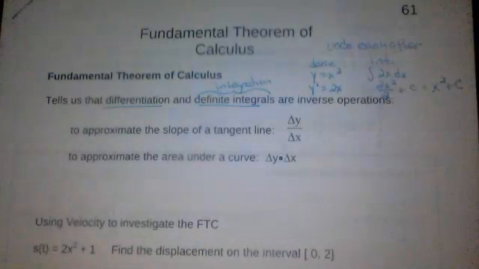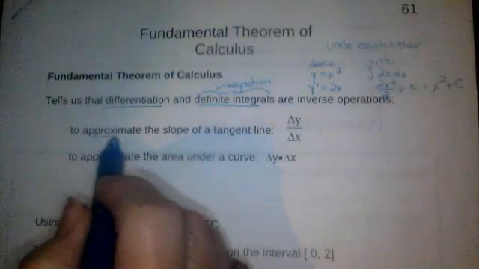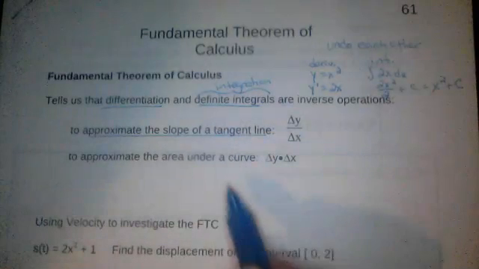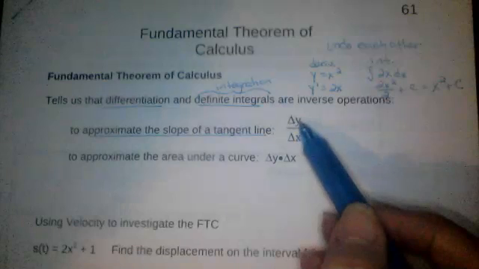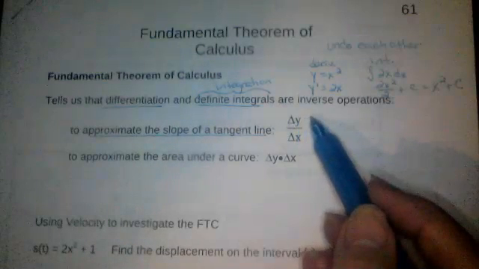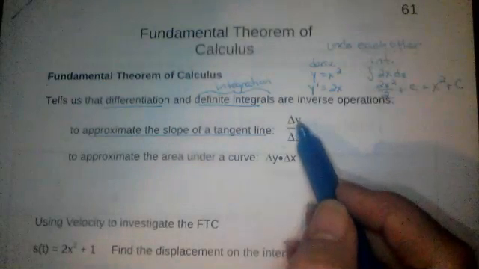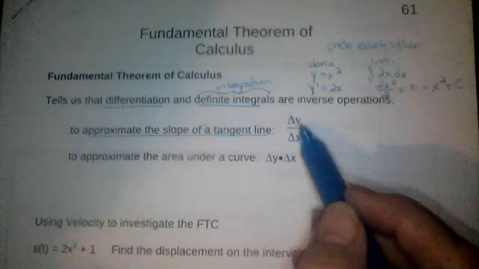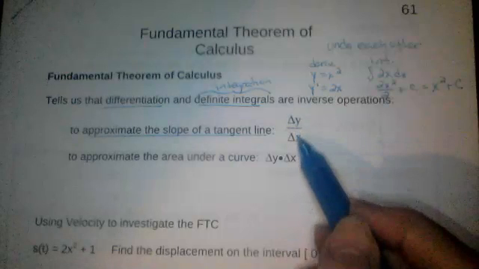All right, so in terms of what we're looking at on a graph, we know that to approximate the slope of the tangent line, we did the change in y over change in x, and we took the limit. It was the limit of this secant line, change in y divided by change in x.